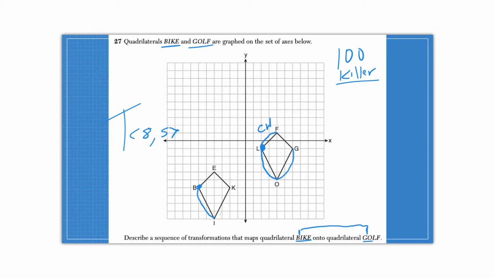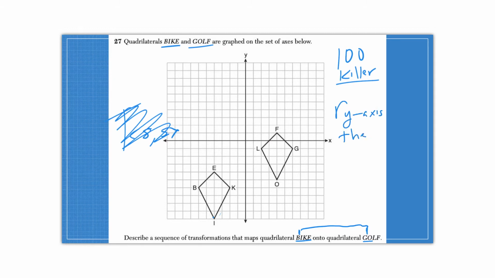The way we're going to fix that is with a reflection. Anytime your orientation is incorrect, what you need to do is reflect the shape first. So we're going to forget about this, and we're going to first reflect BIKE across the y-axis.